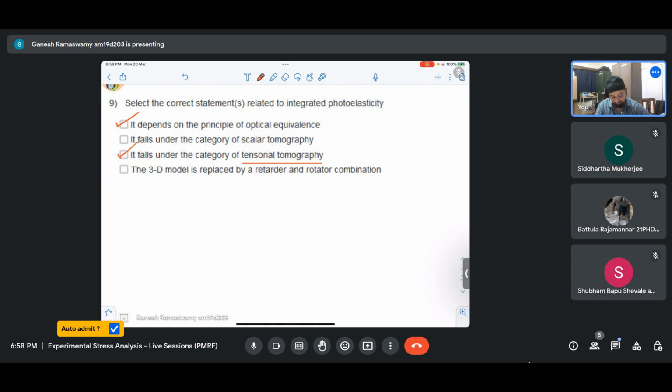The 3D model is replaced by a rotator and retarder combination in order to match the characteristics of exit and incident light.